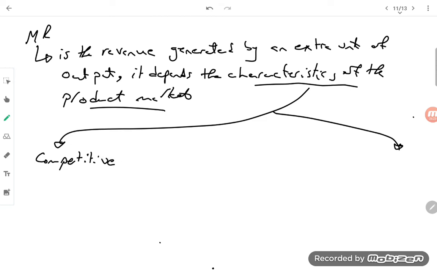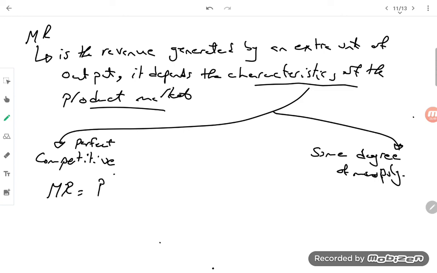If it is a perfectly competitive market, the marginal revenue generated from the unit sold is equivalent to the price of this unit. While in the case of some degree of monopoly, marginal revenue will be less than the price level.